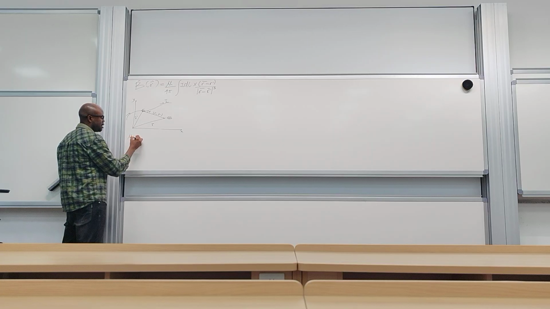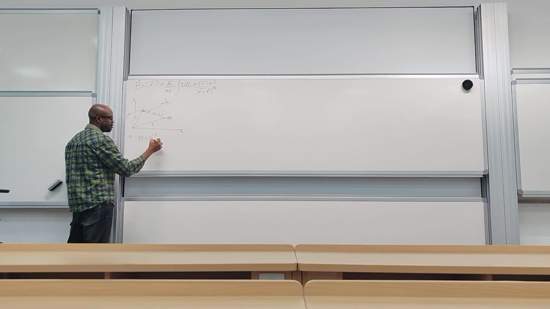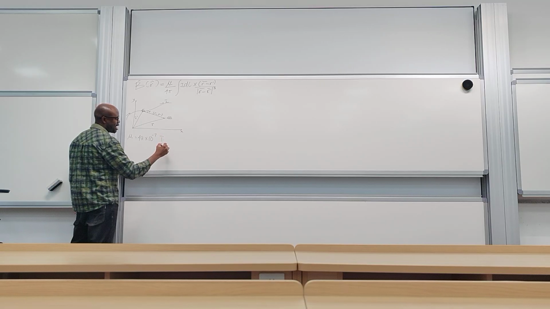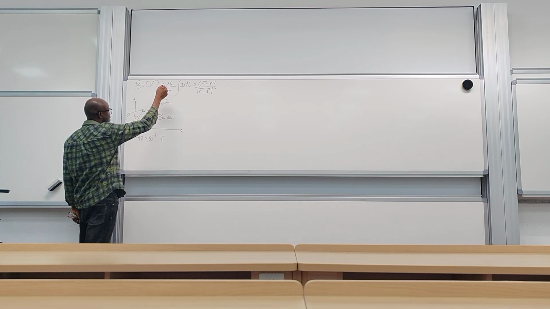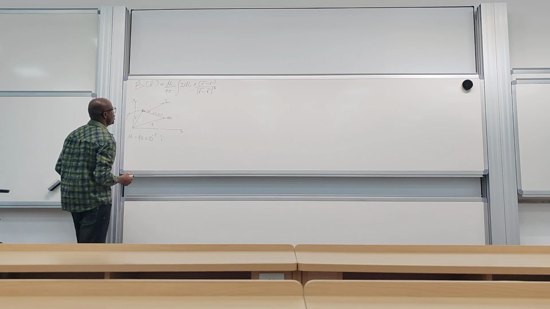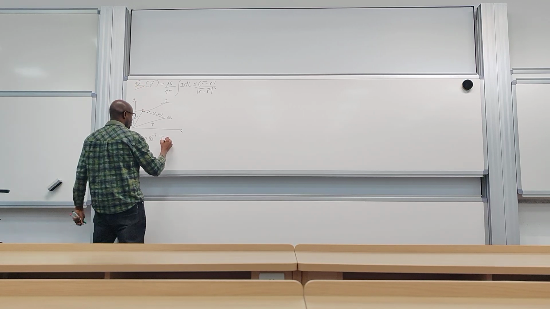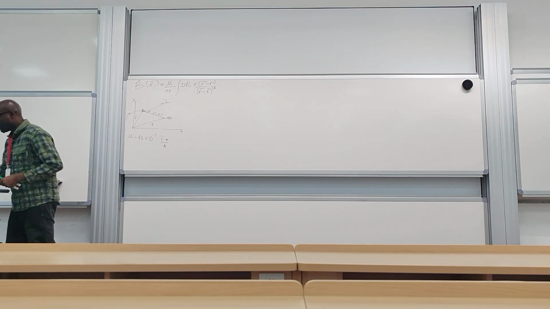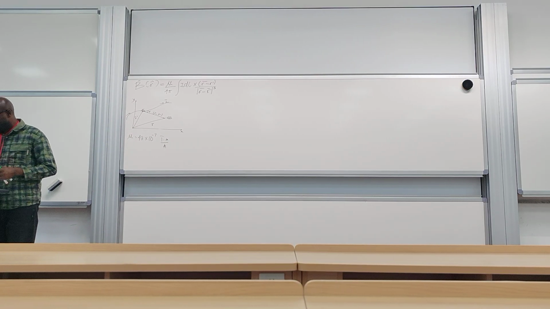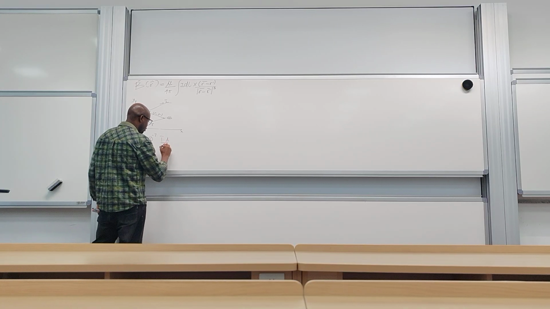And mu naught is 4 pi times 10 to the minus 7, and the unit is Tesla meter over Ampere.